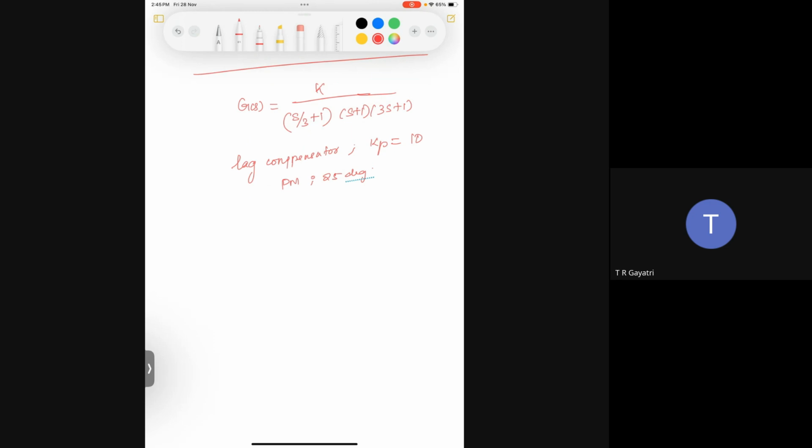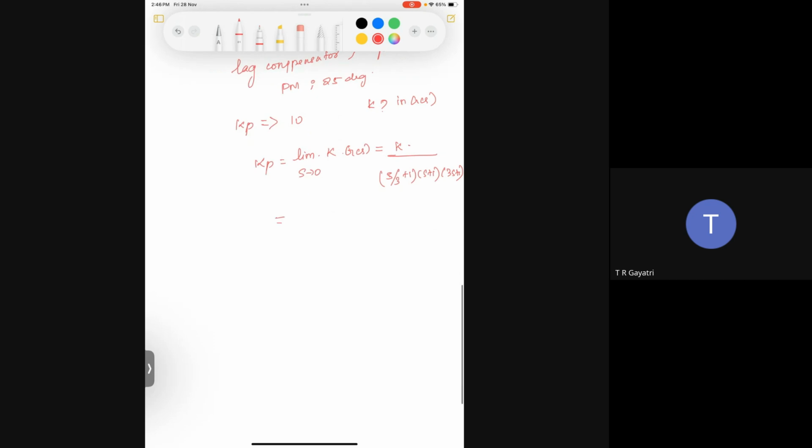So you know the Kp formula, right? You should find the K value such that it meets Kp equal to 10. Kp equals limit s tends to 0 of K into G of s, with G of s as the given function.